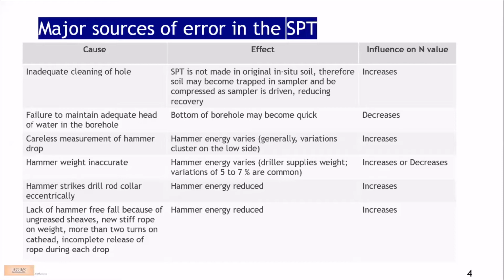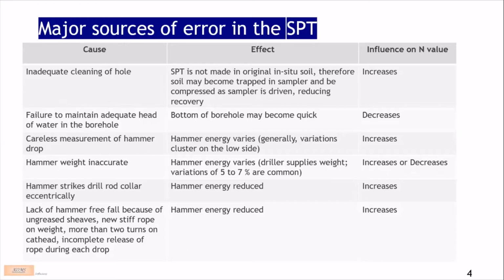Also, using an inaccurate hammer weight, because like we saw in the previous slide, the hammer weight should be 64 kilogram, or taking the blows at a reduced height of, say, less than 760 millimeter, can also alter the N values you get from the site.